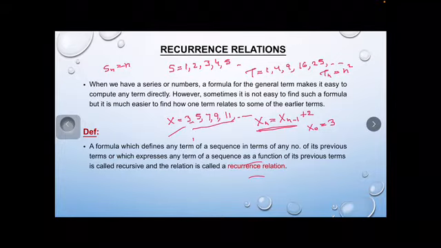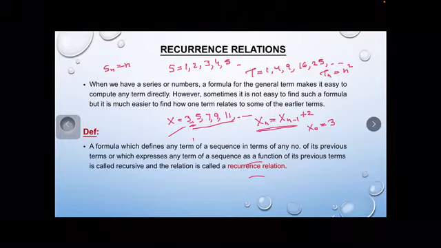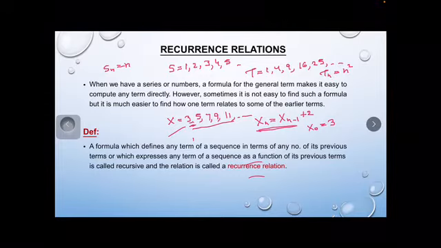The first term is x0 equal to 3. For the next term we put n equal to 1, so x1 is x0 plus 2, and x0 is 3, so 3 plus 2 is 5, and like that we can find all terms of this series.